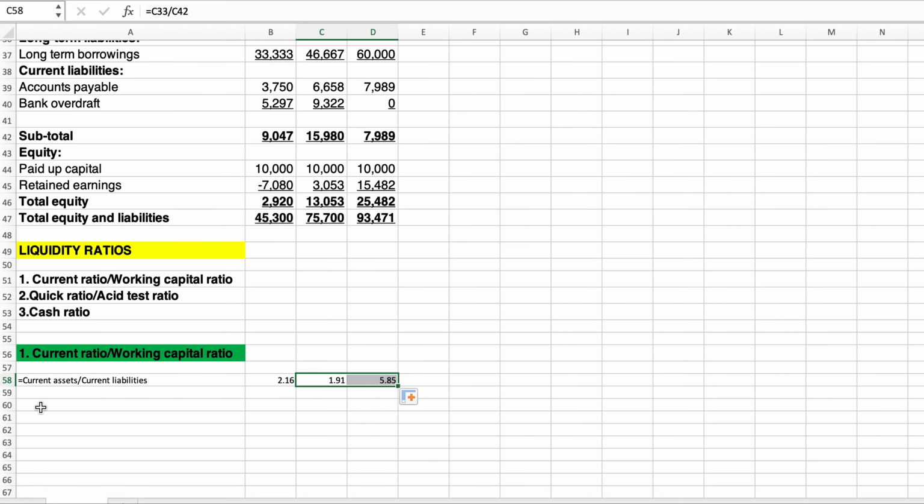So friends, now let us move to the next ratio under liquidity ratios, which is the quick ratio.